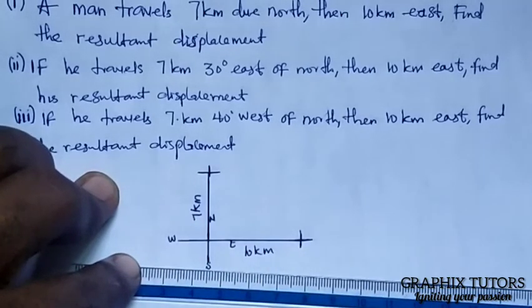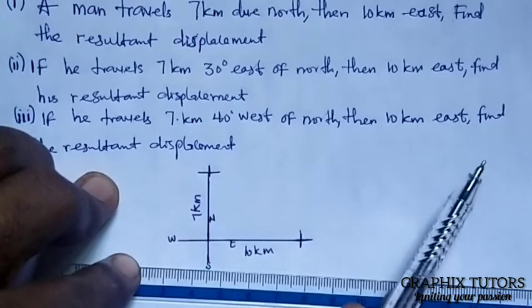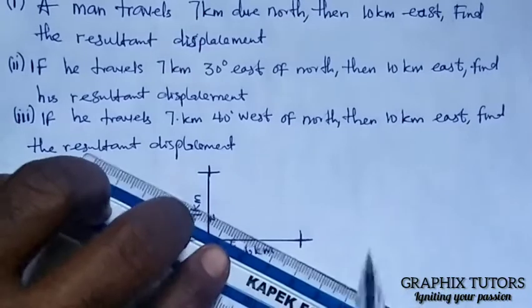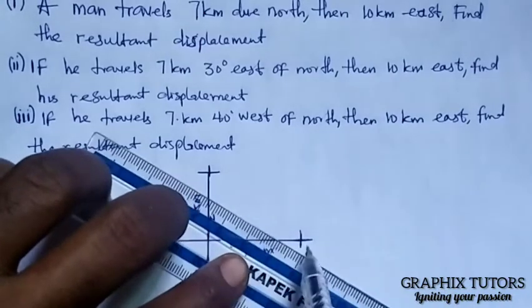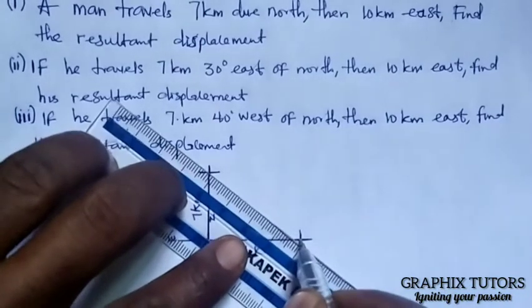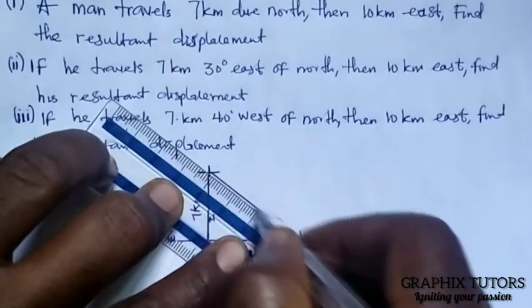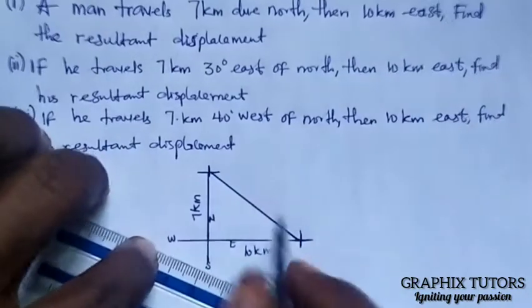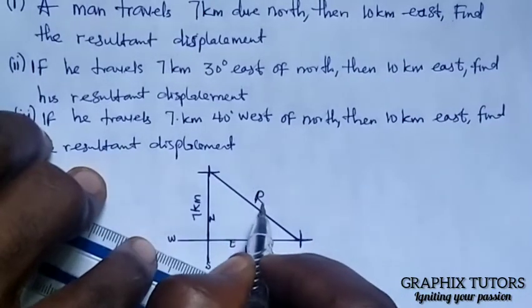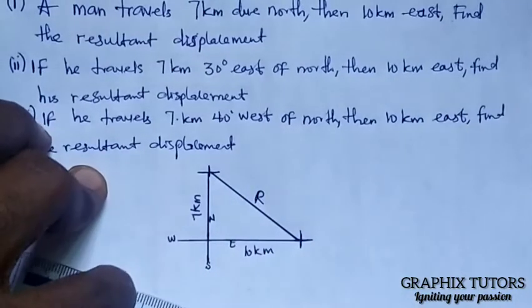Displacement means how far he has moved from his initial position. So the resultant here is that single distance connecting his positions. From here to here will be our resultant.